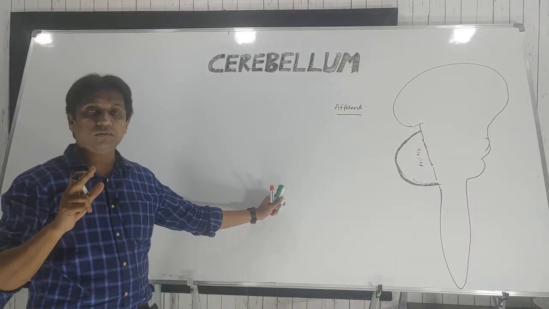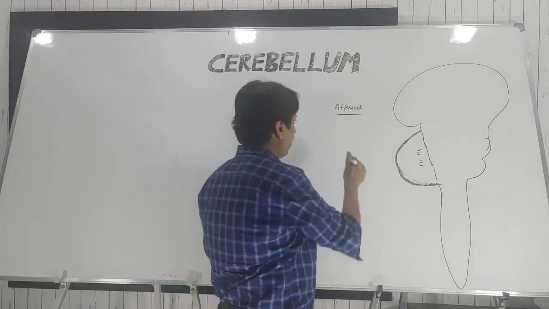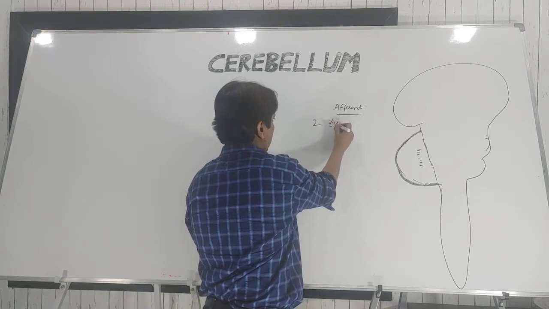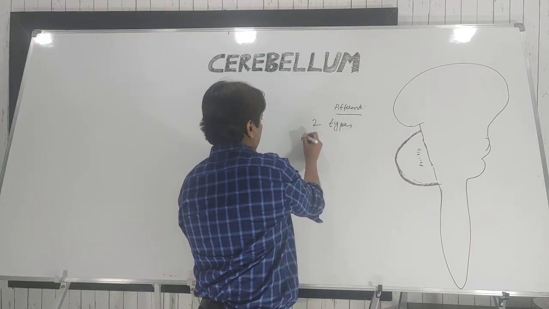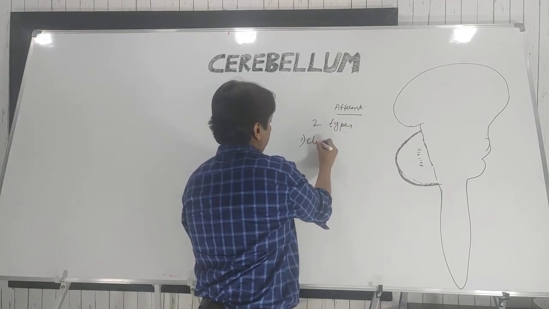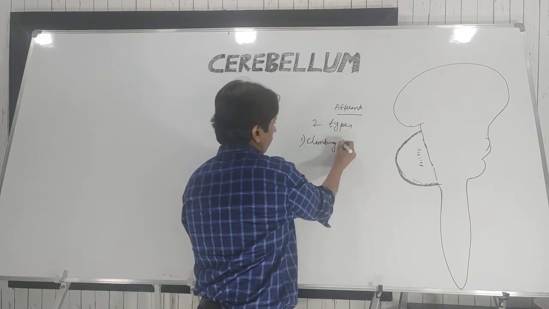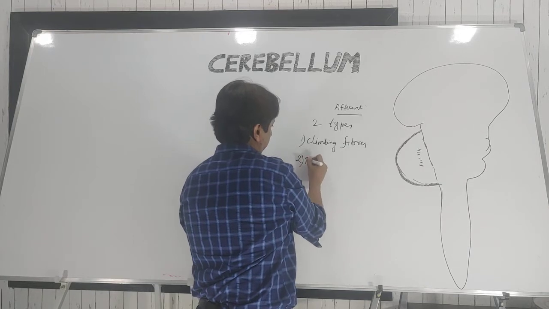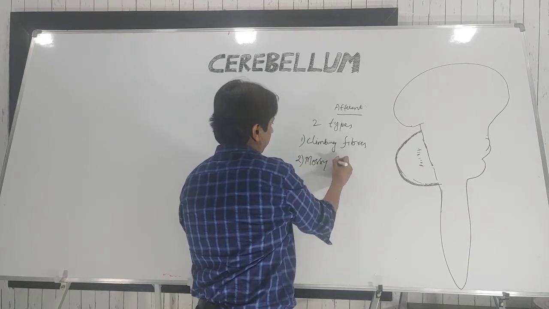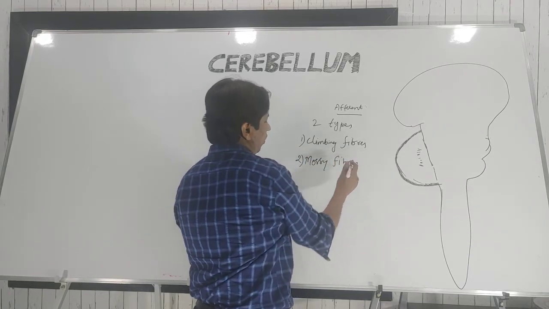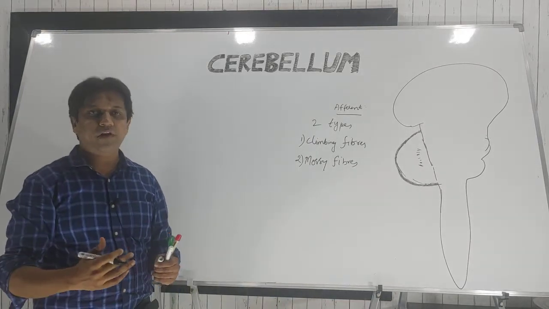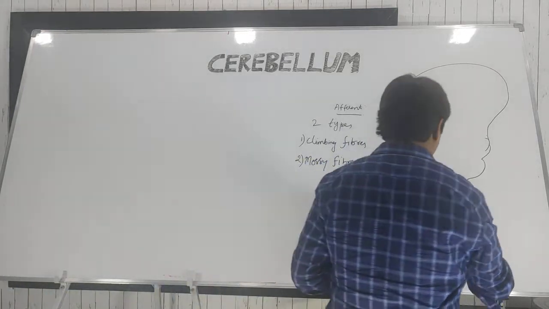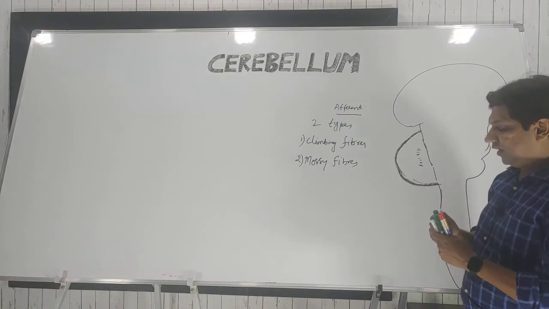These afferent fibers are mainly of two types: climbing fibers and mossy fibers. Climbing fibers and mossy fibers. So there are two types of afferent fibers which enter the cerebellum.